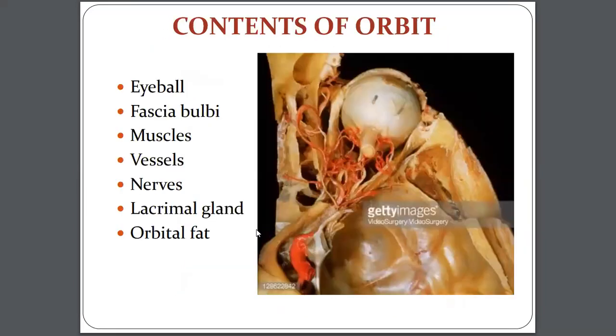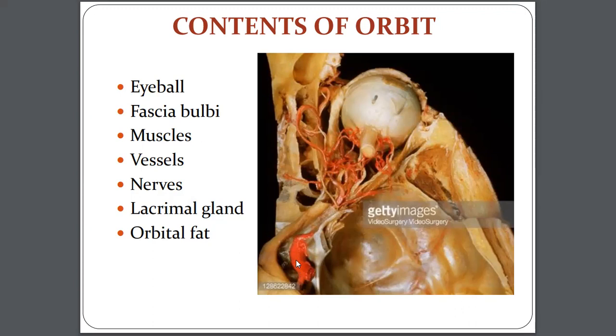Overall, when you see the contents of the orbit, we have the eyeball. The fascia which is covering the eyeball is called fascia bulbi. We have muscles surrounding the eyeball, which help in the movement of the eyeball. You call them extraocular muscles.